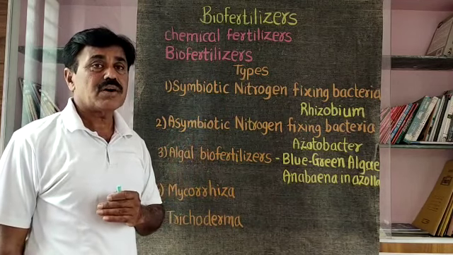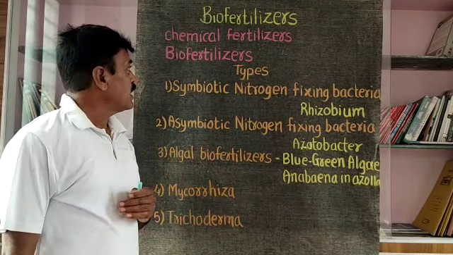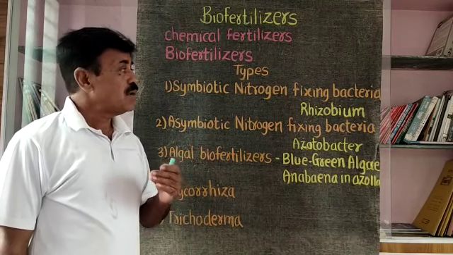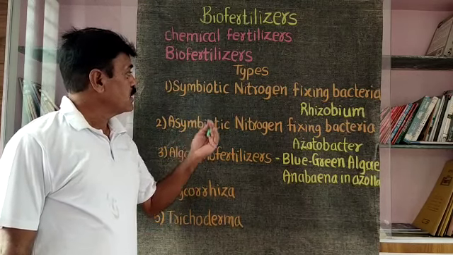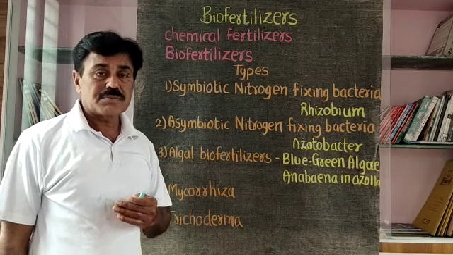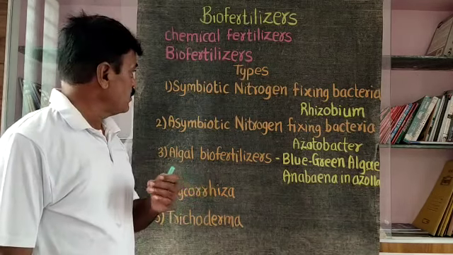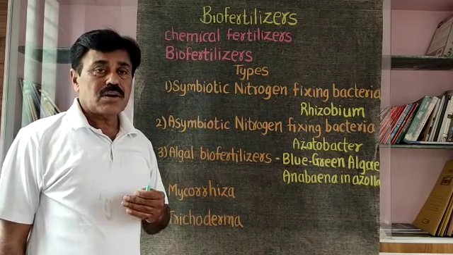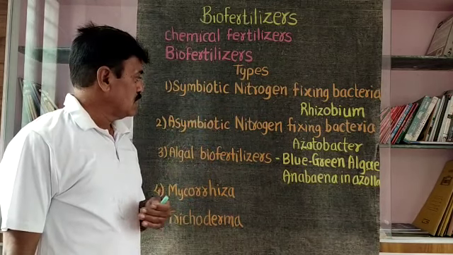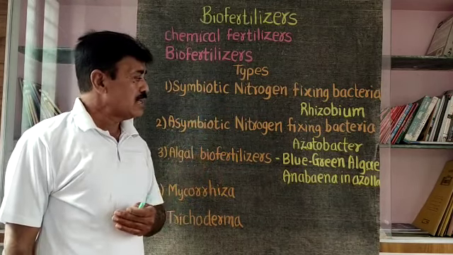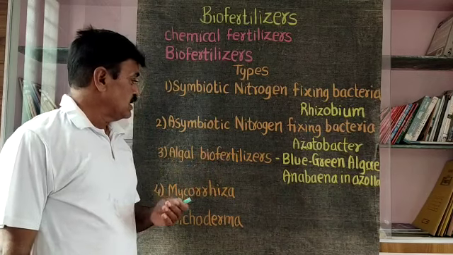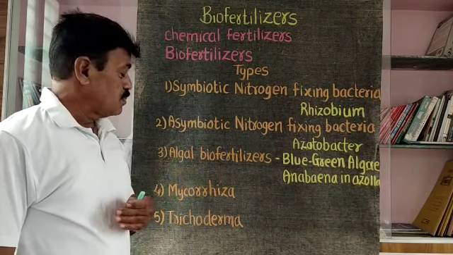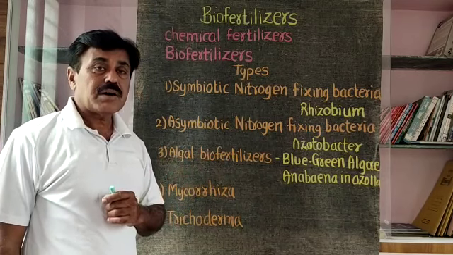Biofertilizers are essential for the development of modern agriculture, and these biofertilizers come from different biological communities. For example, bacteria act as biofertilizers. Some blue-green algae act as biofertilizers. Some fungi also act as biofertilizers.